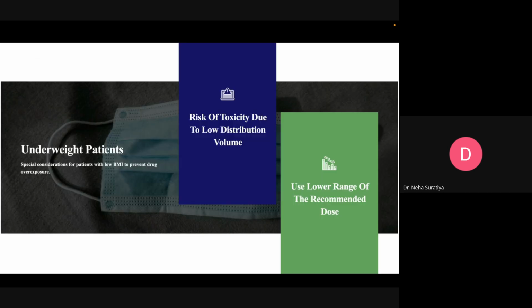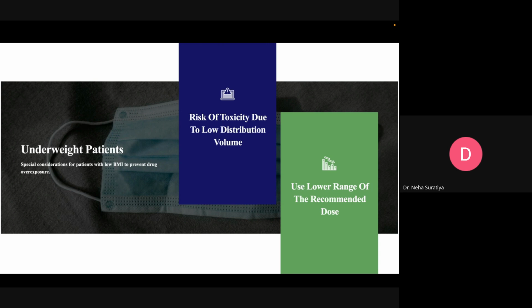You need to understand this. The last topic of the discussion for today is the underweight patient. Let's discuss the other extreme, underweight patients. Most people focus on obesity only, but underweight patients are equally risky, guys, because body mass composition is low and there is a small volume of distribution.